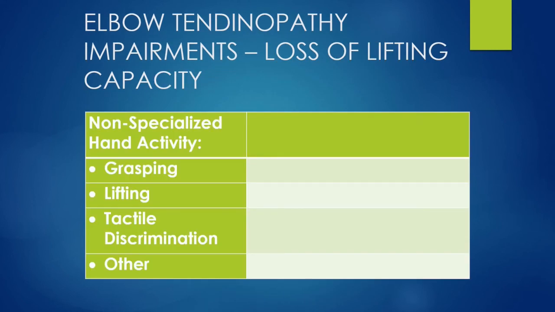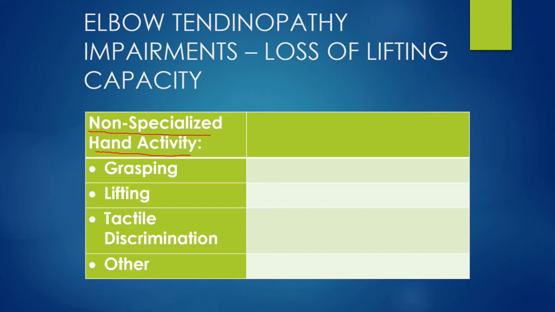Well, what else? Are there any other impairments that we have the opportunity or the option to employ in those cases that involve lateral epicondylitis? Well, if we take a look at the activities of daily living described in Chapter 1 of the AMA Guides, they go into great detail about the importance of non-specialized hand activities in daily life.